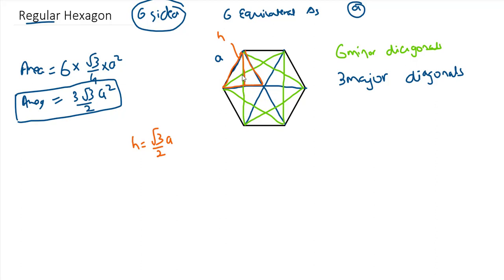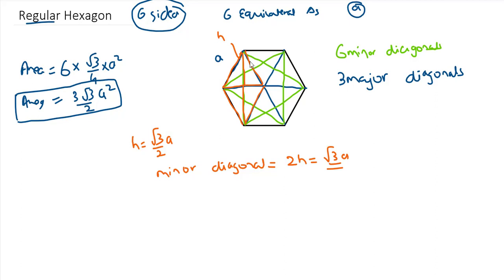So the length of the minor diagonal is nothing but H plus H, because this is also an equilateral triangle and all these triangles are congruent. That means they have equal lengths. So the length of a minor diagonal will be 2 times H, which will be root 3 into A.